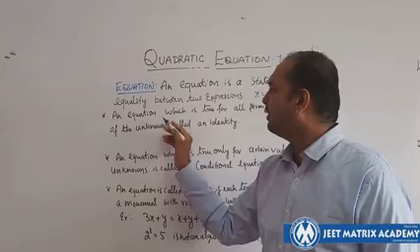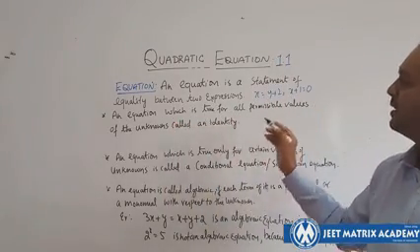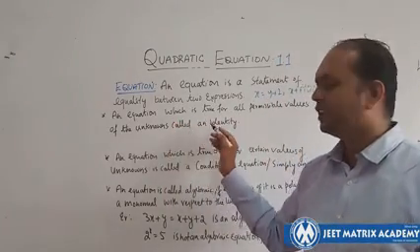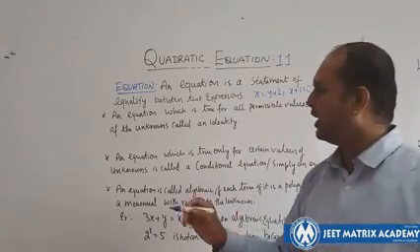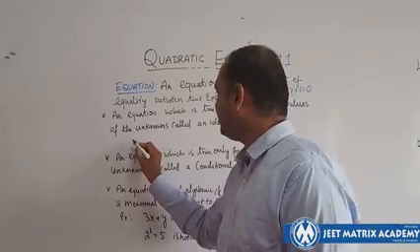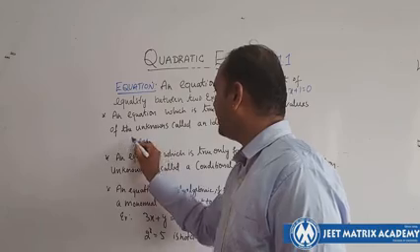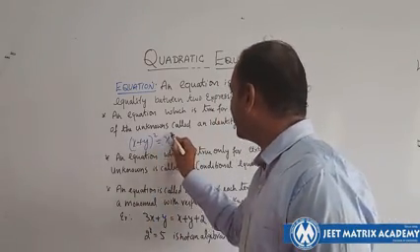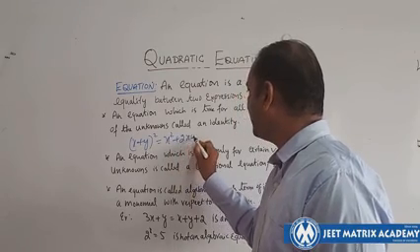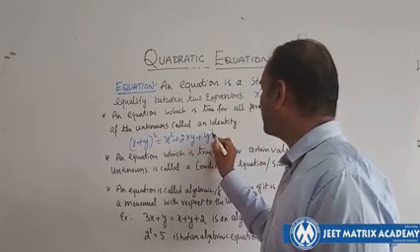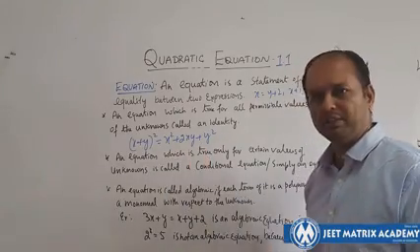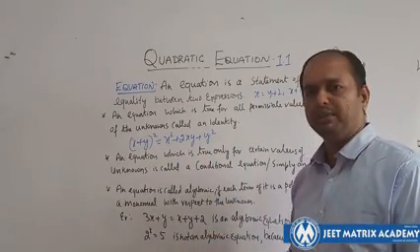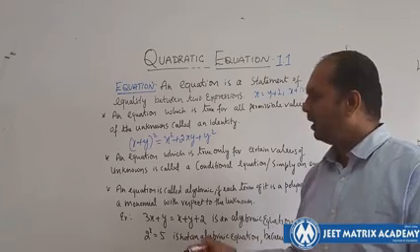First, an equation which is true for all permissible values of unknowns is known as an identity. For example, (x plus y) whole square equal to x square plus 2xy plus y square. This is the expansion of the left hand side.